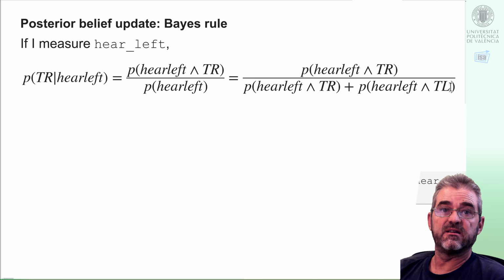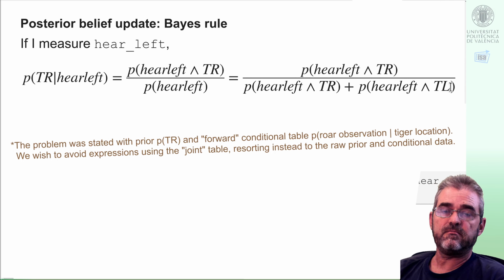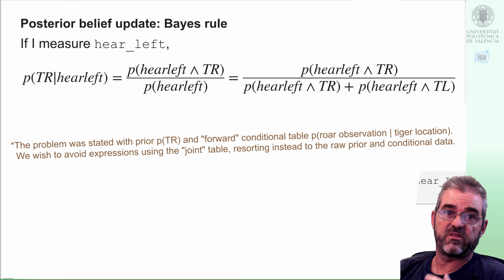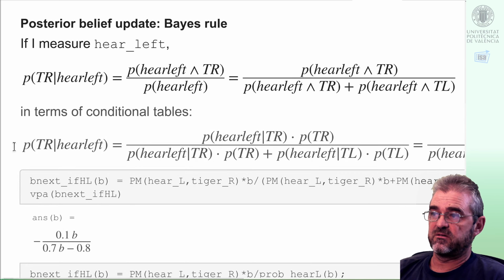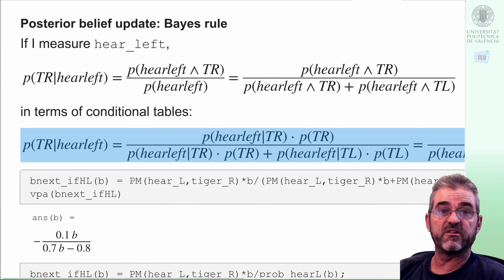But if I stated my problem with the other conditional table, because I conceptually divided my problem in determining one probability of tiger being left or right when the central gate is closed, and then a second step with a conditional of hearing the roaring conditioned on which gate the tiger is, then the second expression is mathematically equivalent to the first one, but it's expressed with the data I used to build my statistical model.